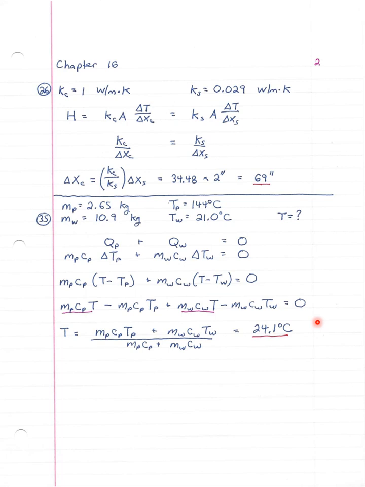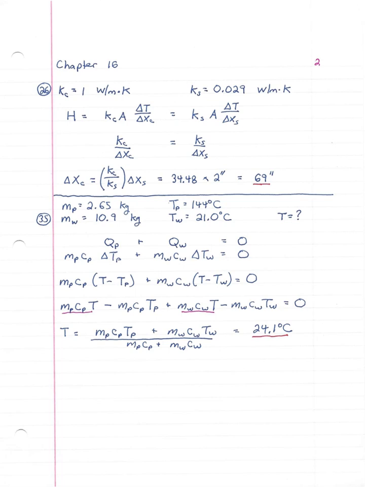I've skipped over a couple of lines of algebra going to the next step because you at this level should be able to handle this. You're adding the non-underlined terms over to the right, and then you have on the left just what's underlined, M_P C_P T plus M_W C_W T. And I'm actually going to write this out.